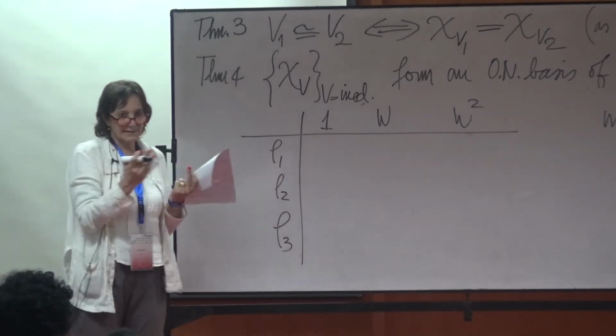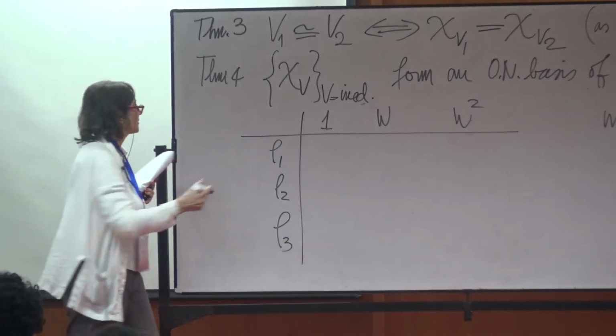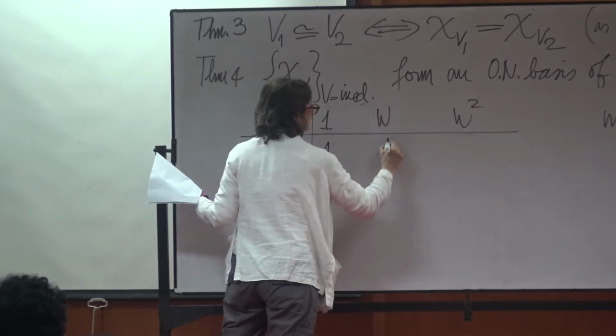So we have rho 1, which is the trivial representation. Every group has the trivial representation, right? So the character is 1 on each element.